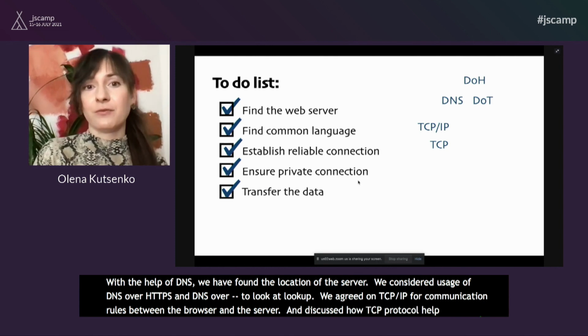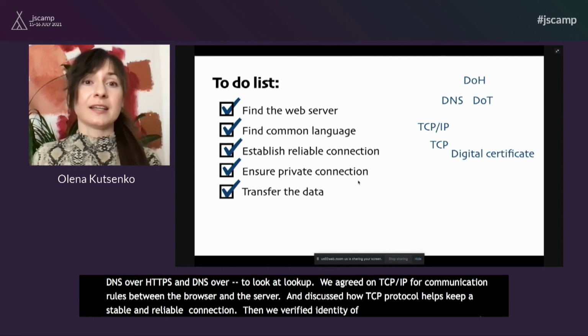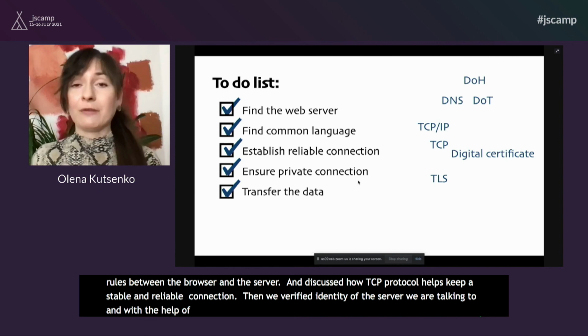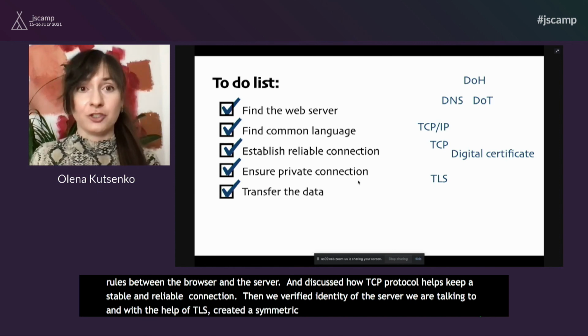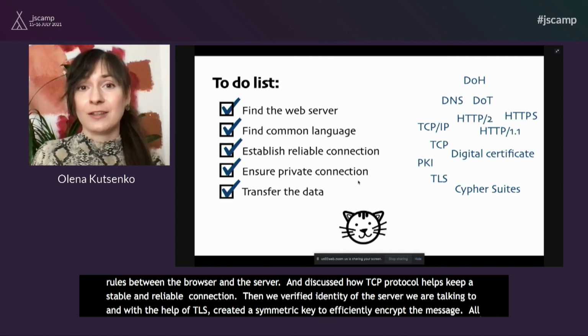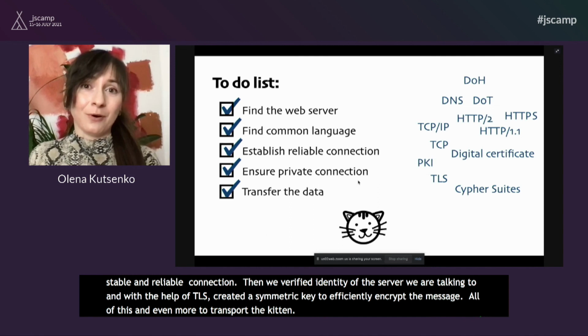Then we verified identity of the server we are talking to and with the help of TLS created a symmetric key to efficiently encrypt the message. All of this and even more to transport the kitten. And this is just the tip of the iceberg.